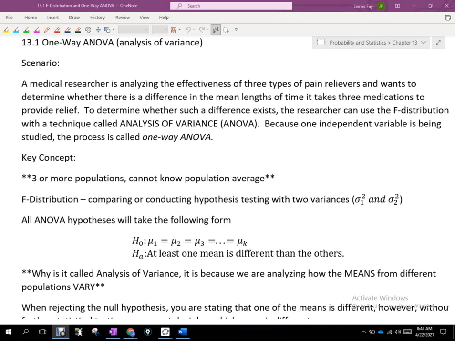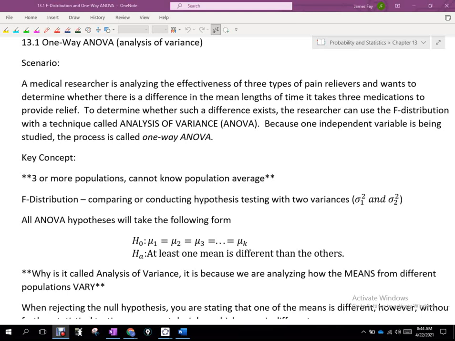So there's mu sub 1 equals mu sub 2. Now it's going to be working with 3 means, or 4 or 5 or 6, which logically, hopefully, you realize is going to be kind of hard to do with some algebra, because with an equation like mu1 equals mu2 equals mu3, how do we turn that into mu1 minus mu2 equals 0, like we've done with 2 means? But this is what our null hypothesis is going to always look like.